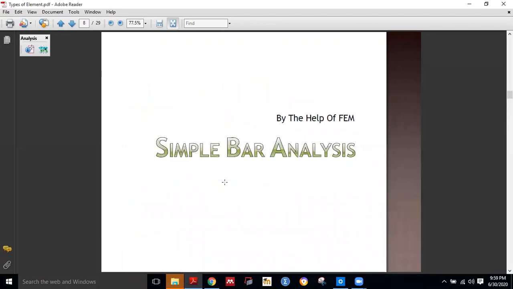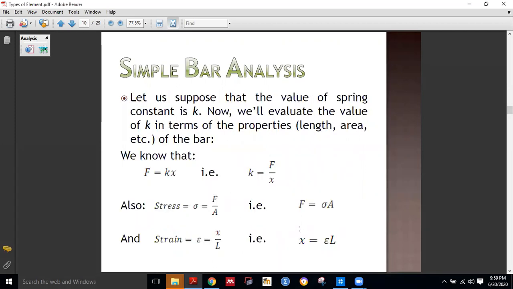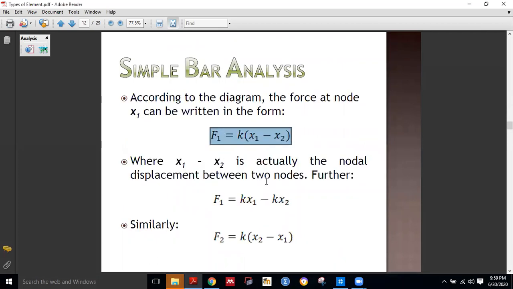So here k into bracket x1 minus x2 is given, where x1 minus x2 is actually the nodal displacement between two nodes. Okay, so as I have told, x1 and x2 are the displacement of that node, but x1 minus x2 is the difference between the nodal displacements.